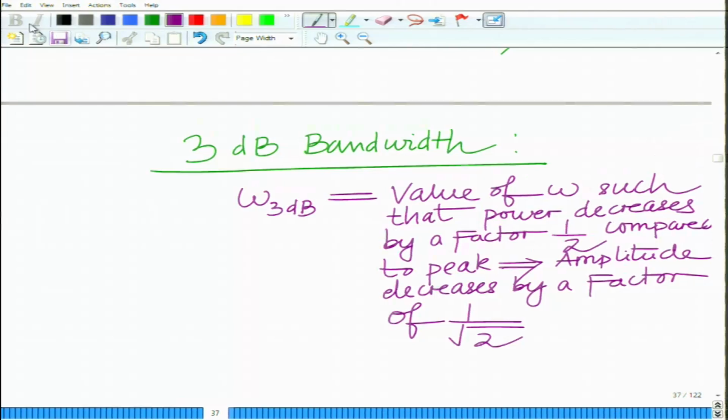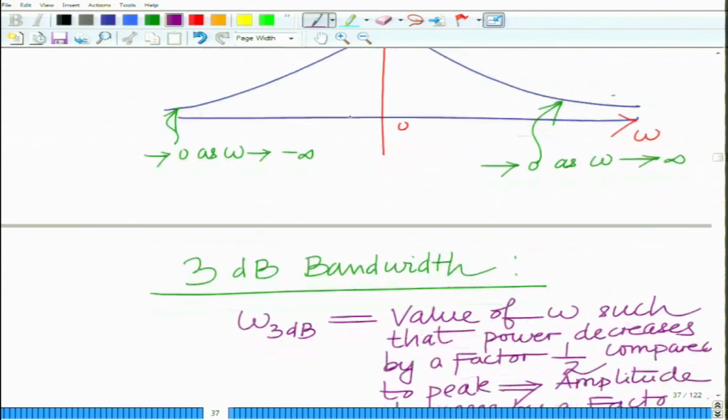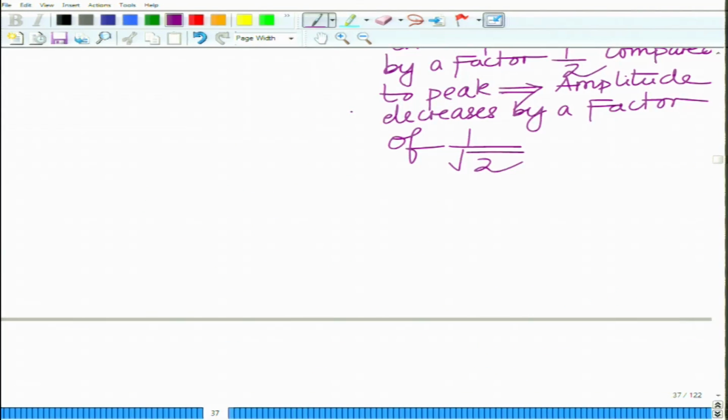Okay. So, for the previous low pass filter, you can see the peak occurs at 0, and in fact, the gain is unity.